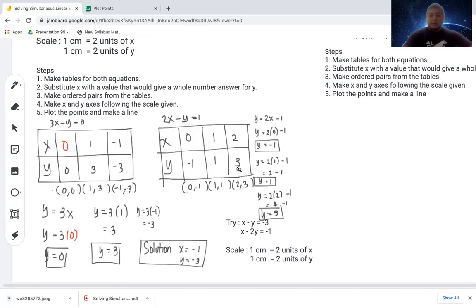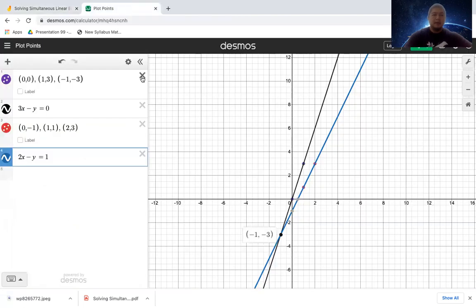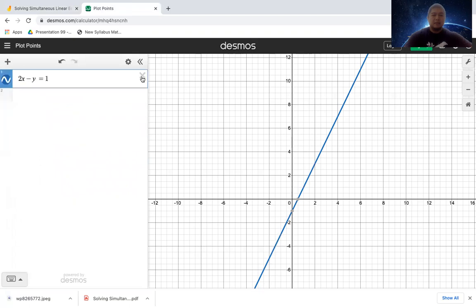All right, let's suppose that you guys were able to get these tables, substitute the values of the x for you to get the y using these equations. And this time we are going to see the equation of these points or these lines. So let's have it again.